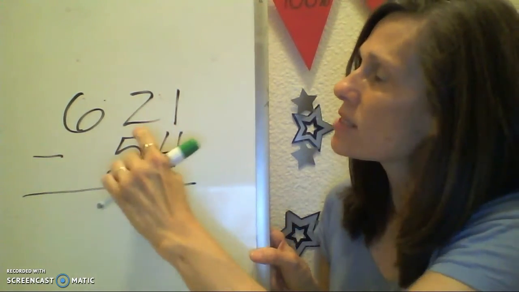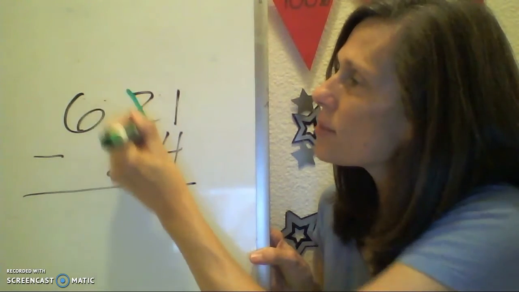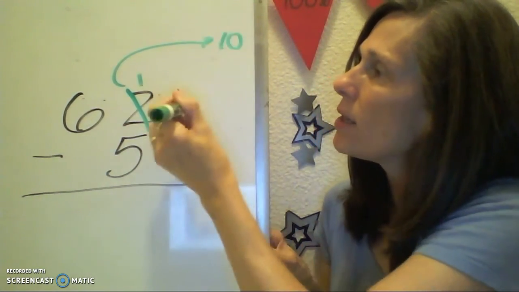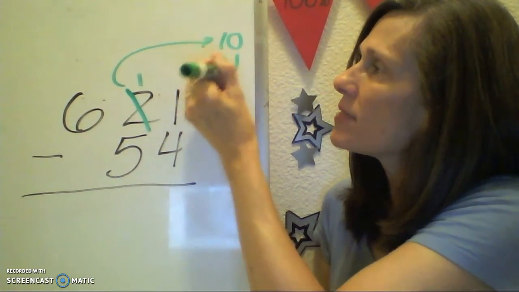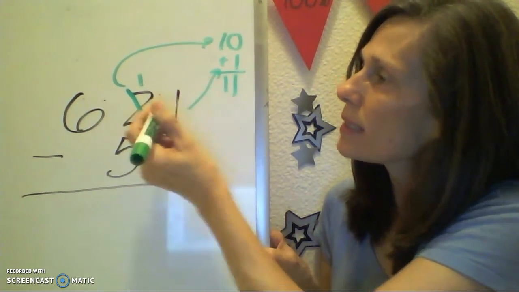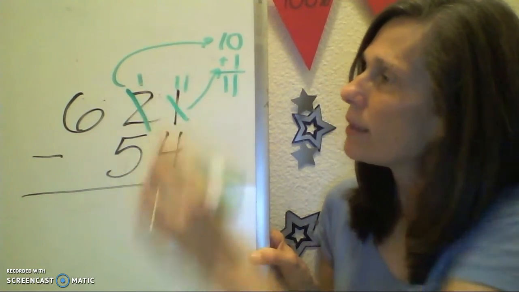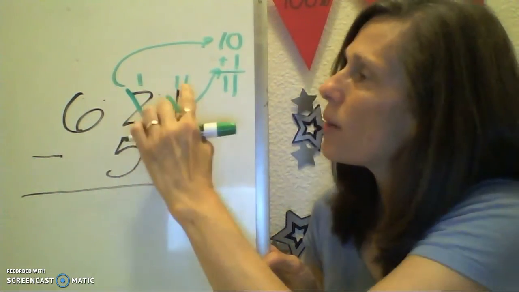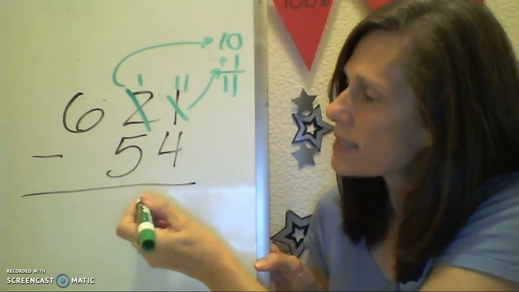So the 1 asks the 2 for a set of 10. So the 2 turns into a 1 and says, here's your set of 10. The 1 gets together with the set of 10. 10 plus 1 equals 11. So my number 1 now turns into an 11, right? So 11 take away 4 equals 7.